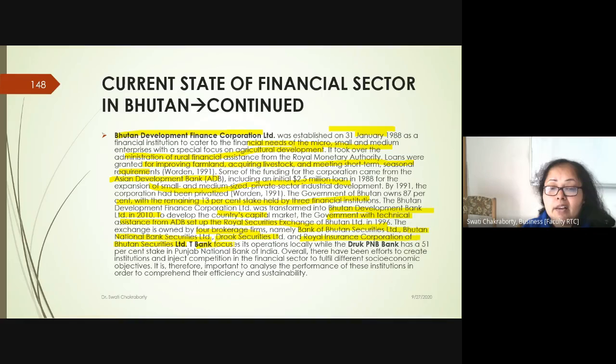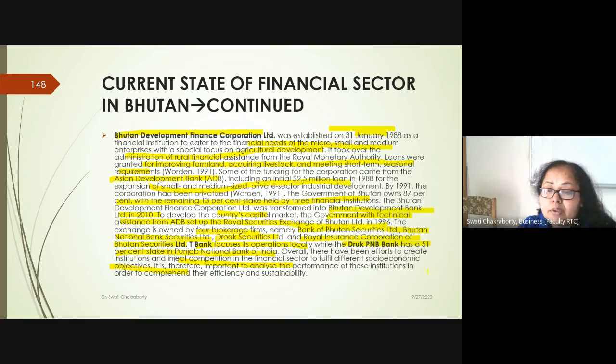T-Bank focuses its operations locally. Druk PNB has a 51% stake in PNB of India. So overall, there have been efforts to create institutions and inject competition in the financial sector to ensure that the various socio-economic objectives are fulfilled.